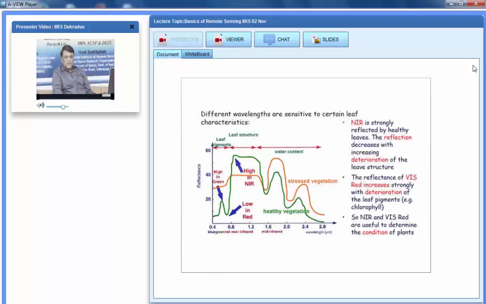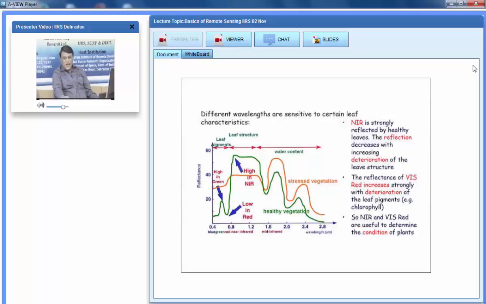So this is another way one can understand how healthy and stressed crops can be separated with remote sensing. Early in the visible wavelength, absorption is more, so reflectance in the visible wavelength, red, green and blue, is less. But when a crop is stressed, which leads to the deterioration of chlorophyll concentration, reflectance increases drastically.